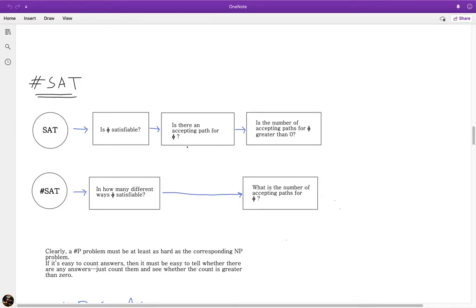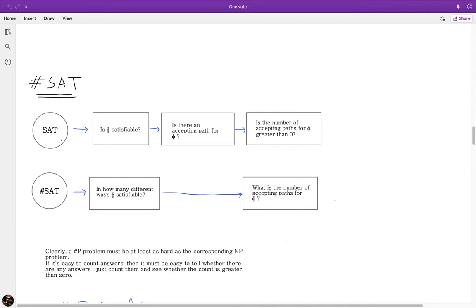If we are able to solve it in polynomial time, then all the problems in NP are solvable in polynomial time, and then P becomes equal to NP. So let's see how the counting analogue of satisfiability behaves. Is it also #P-complete? Let's look into that.